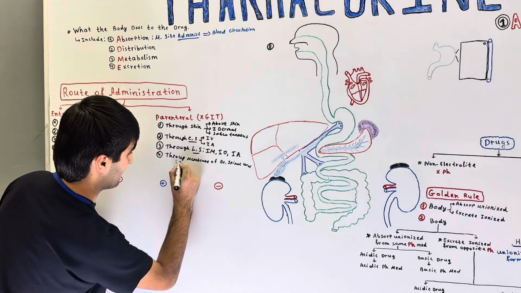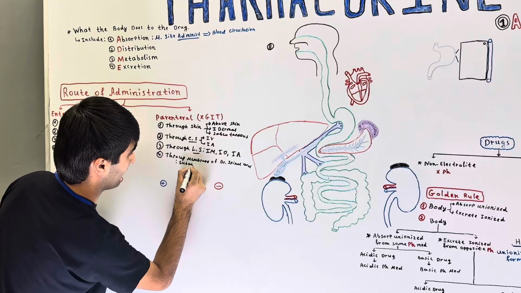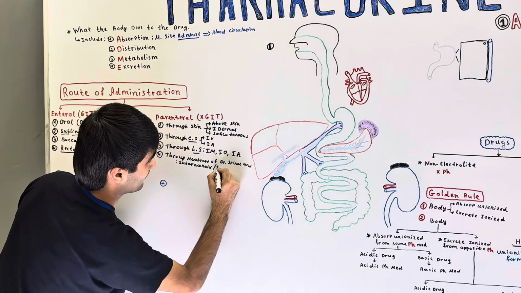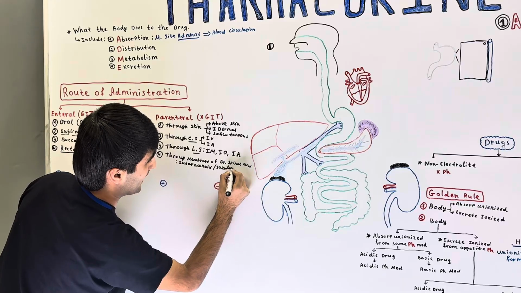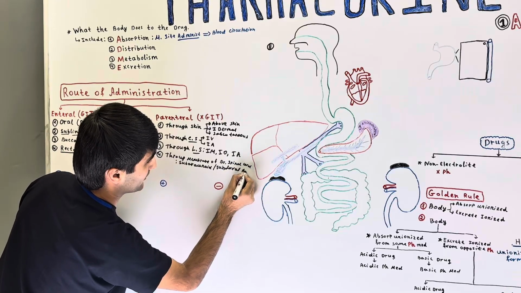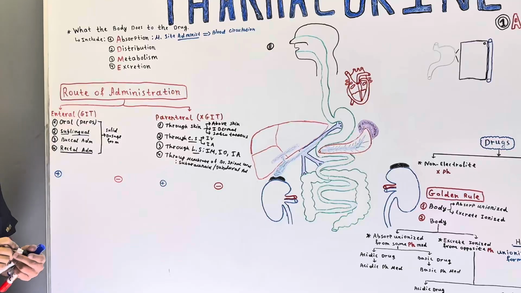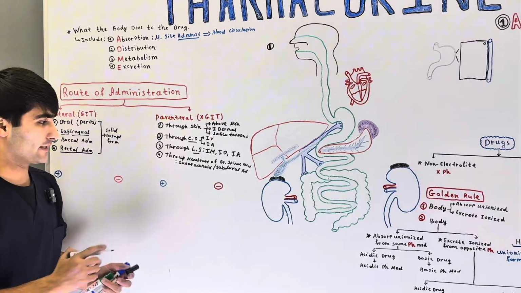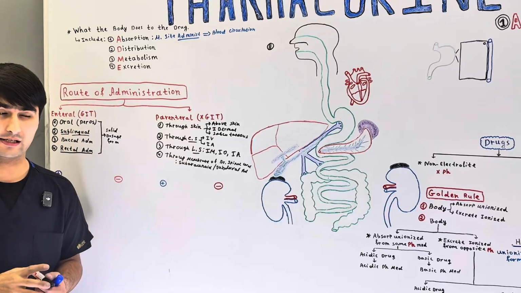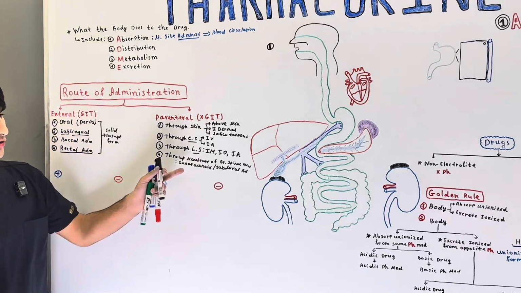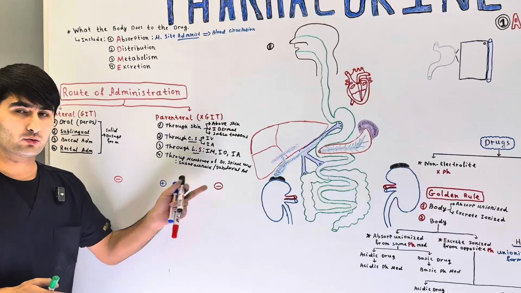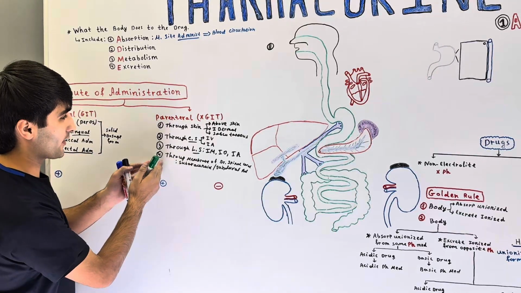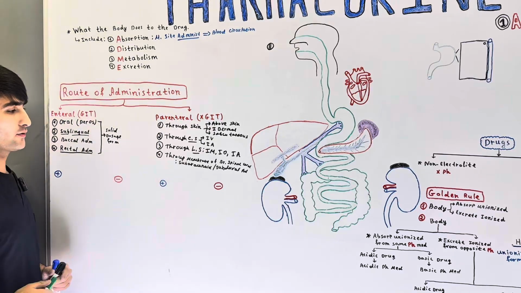Subarachnoid and subdural administration. These are used mainly in regional or conductive anesthesia, especially subarachnoid in spinal anesthesia. We can inject the anesthetic through the subarachnoid membranes of the spinal cord. It was the fourth type of parenteral route of administration.